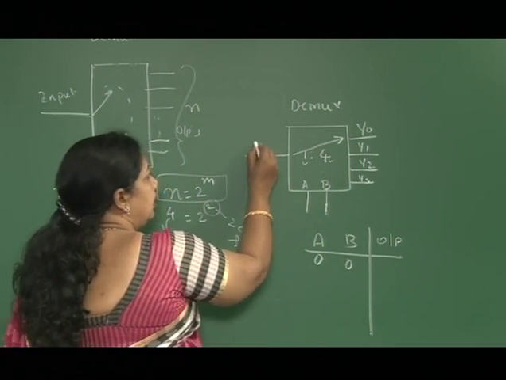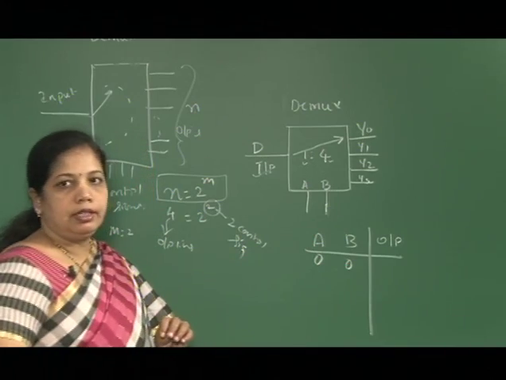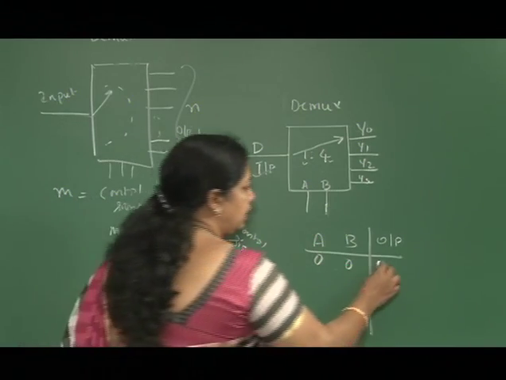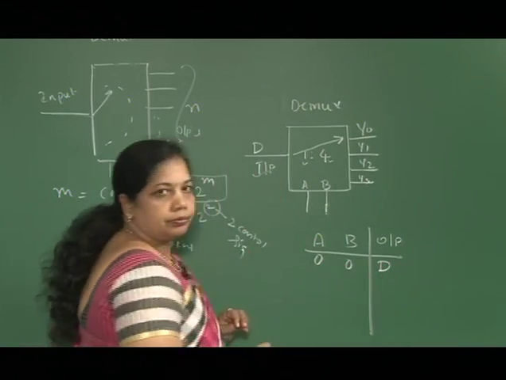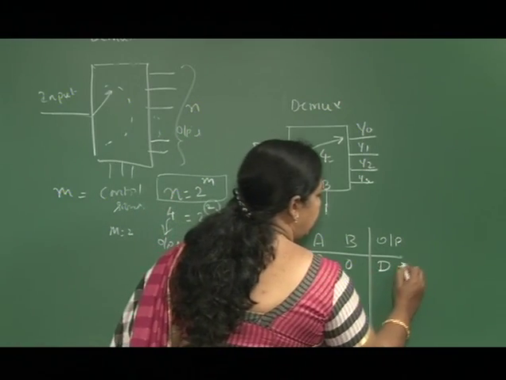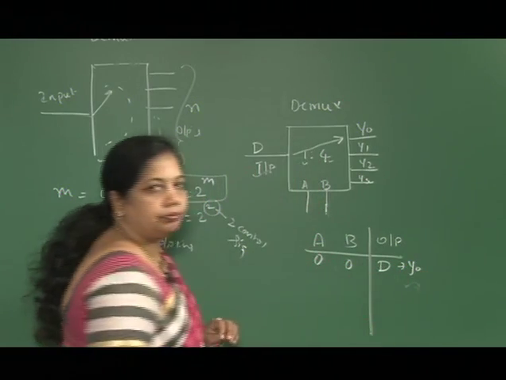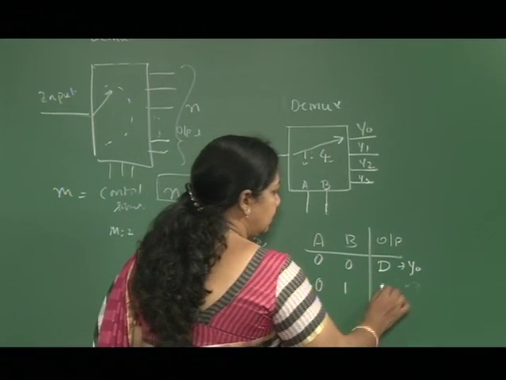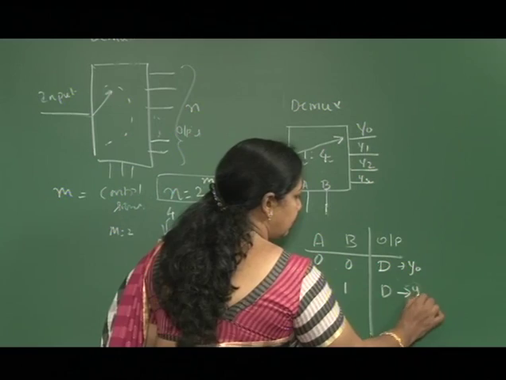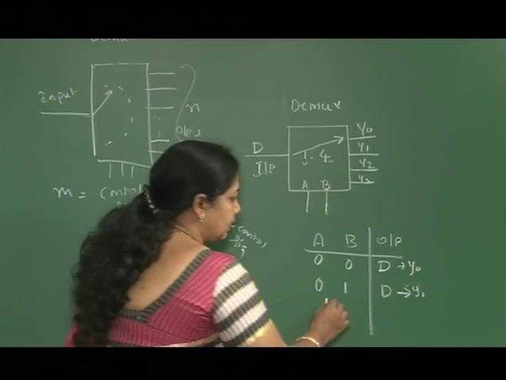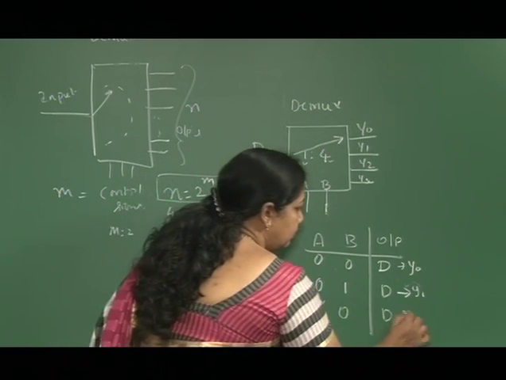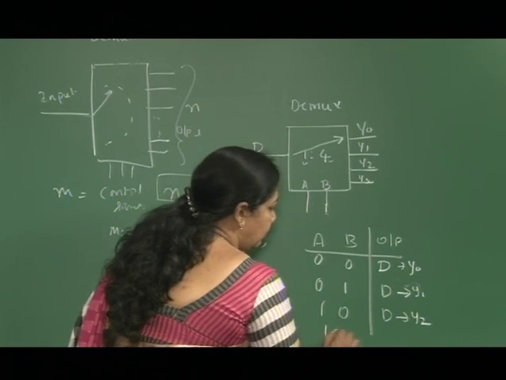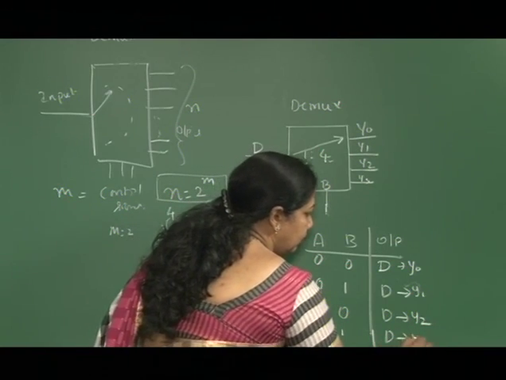Suppose my input is D, then D comes at the output line Y0. Whenever the input is 0, 1, D comes at Y1. For 1, 0, D goes to Y2. For 1, 1, D goes to Y3.